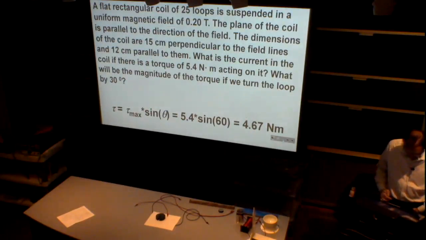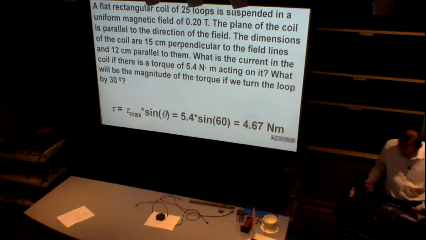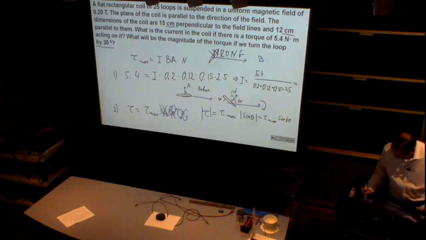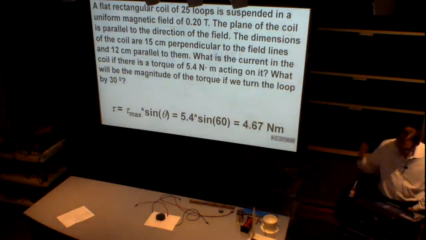Oh, I did. Actually, maximum torque was known, 5.4. We don't even have to find it. We've been looking for electric current. But electric current is equal to whatever number here in amps. That's it.